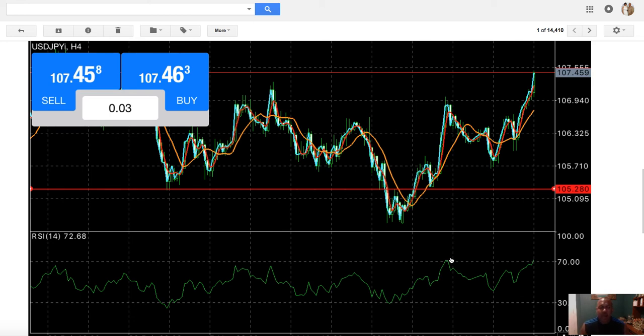Now, the RSI, or the Relative Strength Index, basically gives you a picture of how much a currency pair is being bought or sold. So the more people buy a currency pair, it's going to go up.